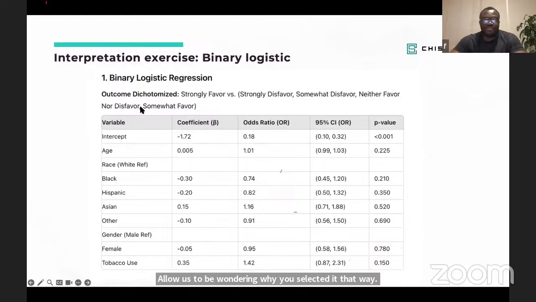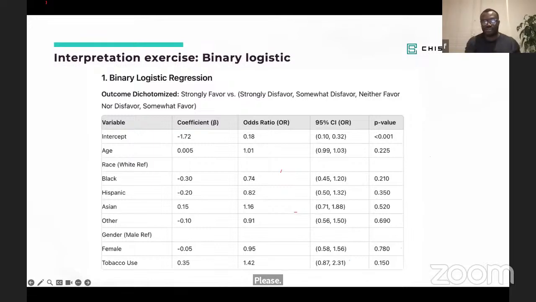All right. Now, let's move on to the rest of the table and see why we have done things certain ways. Another lesson here is that once you provide the categories, please let us know explicitly what belongs to each group. So don't just say the outcome was strongly favor. Okay, strongly favor versus what?